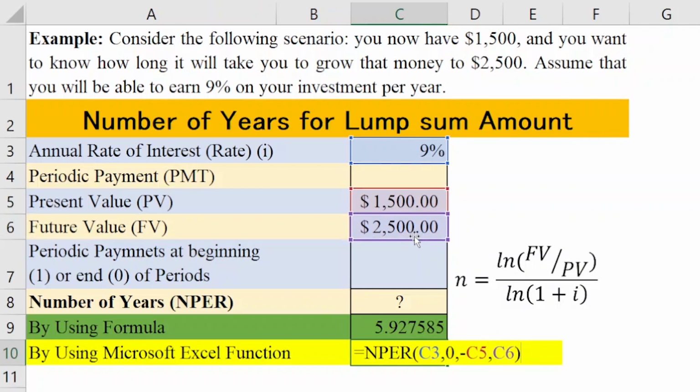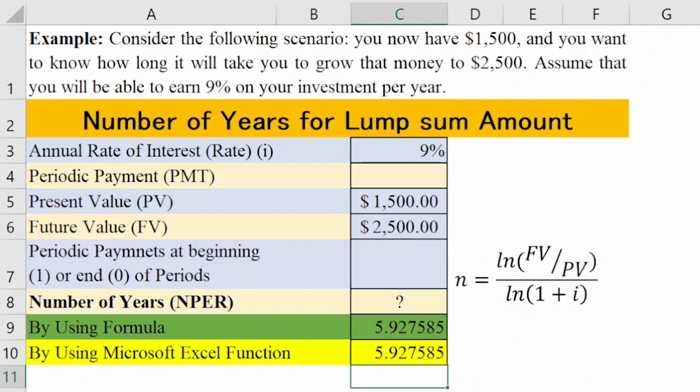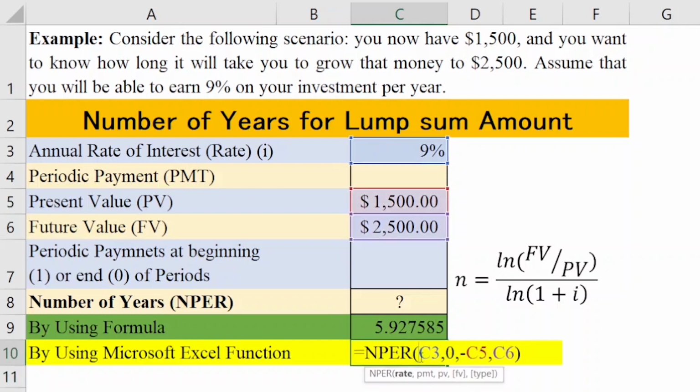Close the parenthesis, press enter. So we have got the same answer that we have computed with the formula. So Microsoft Excel performs this calculation very easily. If we repeat the process, we will use NPER function, that is equal to NPER, start the parenthesis, rate, comma, PMT, comma, present value, comma, future value, and close the parenthesis.